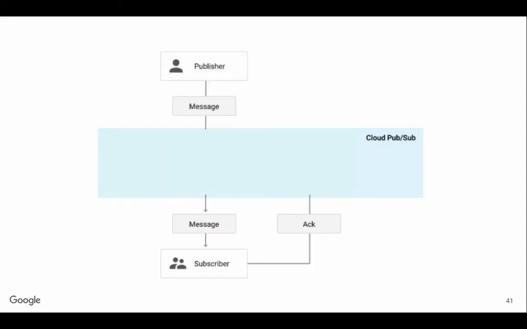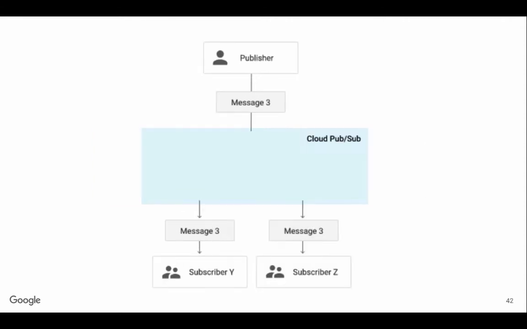If you're not familiar with PubSub, there's a publisher, and the publisher will create a message, and then the subscriber subscribes to receive those messages. You'll see that blue area in the middle is Cloud PubSub, and that's what handles all of the details of how to deliver those messages, so you don't have to worry about it. As a subscriber, you just receive the message and then acknowledge back to Cloud PubSub that you received it, so it knows that the message has been delivered.